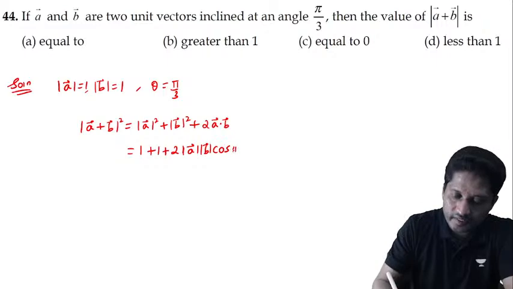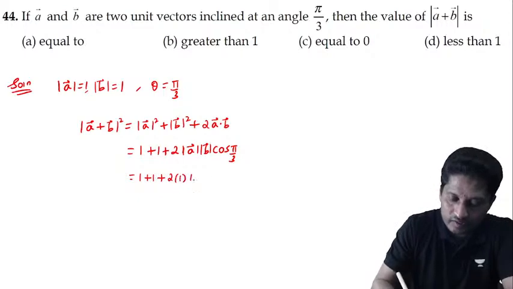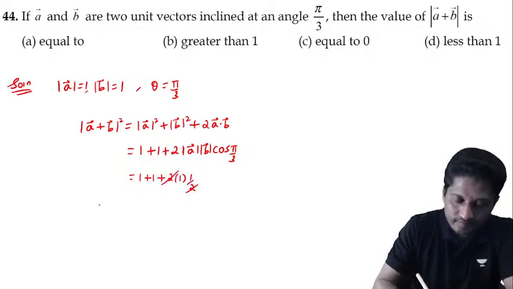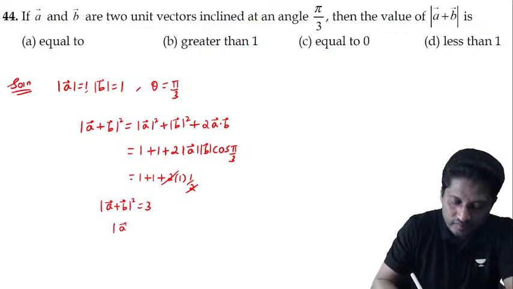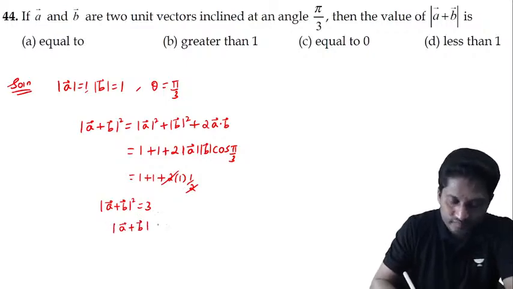And theta is pi by 3, right? So I'll substitute here. 1 plus 1 plus 2 into 1, and cos 60 is half. This will cancel. Mod of A plus B the whole square is equal to 3. So if I take the square out, modulus of A plus B is equal to root 3.